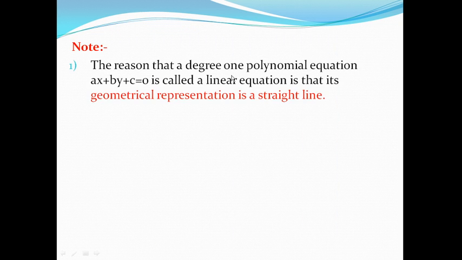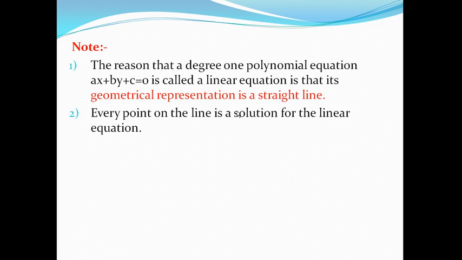The reason a degree 1 polynomial equation is called a linear equation is that its geometrical representation is a straight line. Linear means in a line, straight line.